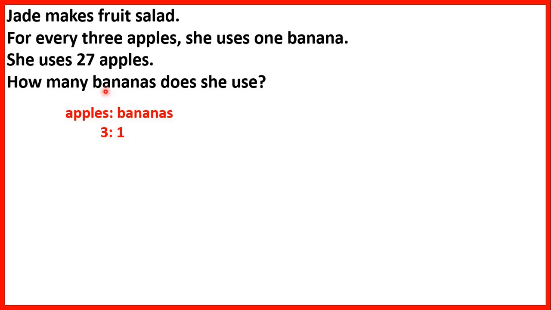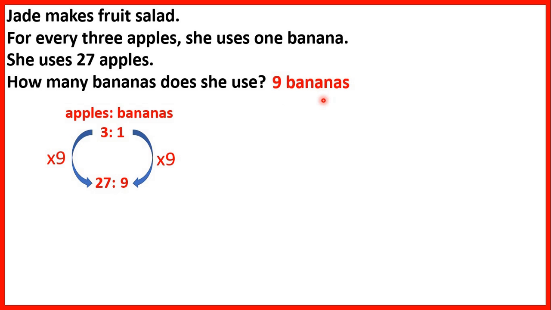But altogether, she uses 27 apples. So we can think 3 multiplied by what makes 27? Well, 3 times 9 is 27, and if we do the same to the bananas, 1 times 9 is 9, so that means she uses 9 bananas.